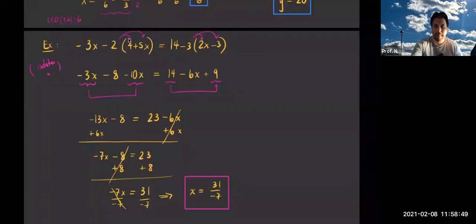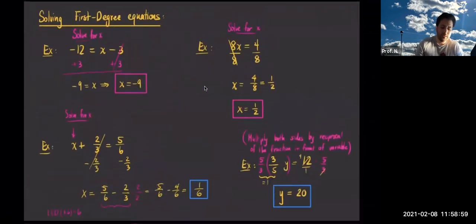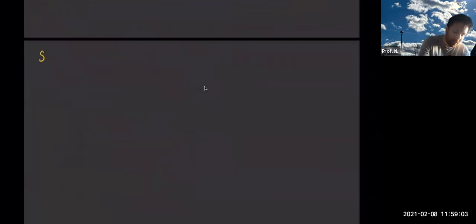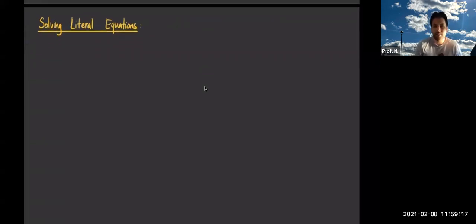And the last thing that I want to talk about. So we talked about solving equations, first order, of course, is solving literal equations. These are the equations that have variables in them.